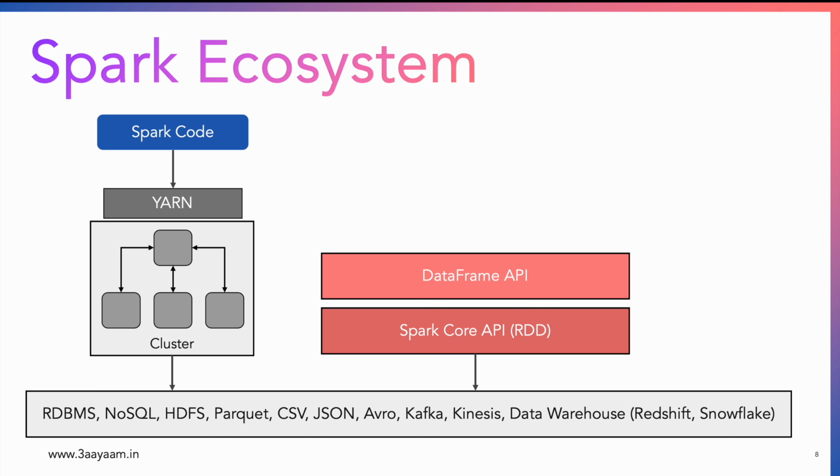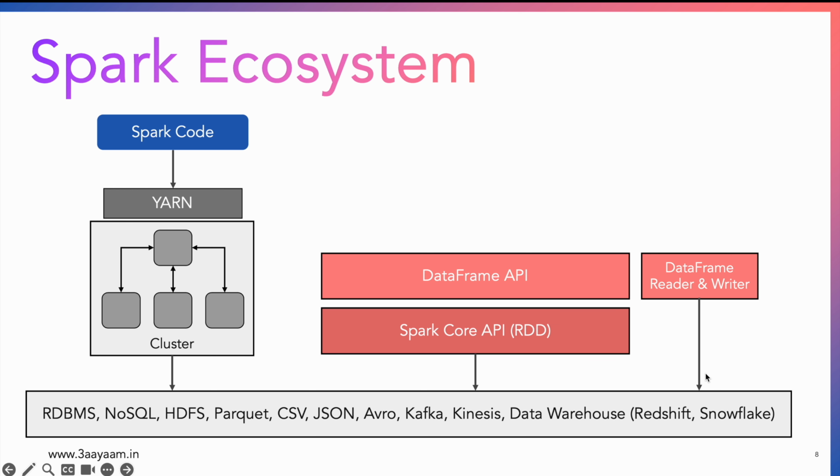I'll talk about why it is needed in the later videos, but as of now, the data frame API sits on top of the Spark Core API. What it means is that even if you write using data frame API, those will be converted to Spark Core API. And data frame API provides data frame writers and readers also, which essentially can be used to read or write from and to these storage layers.